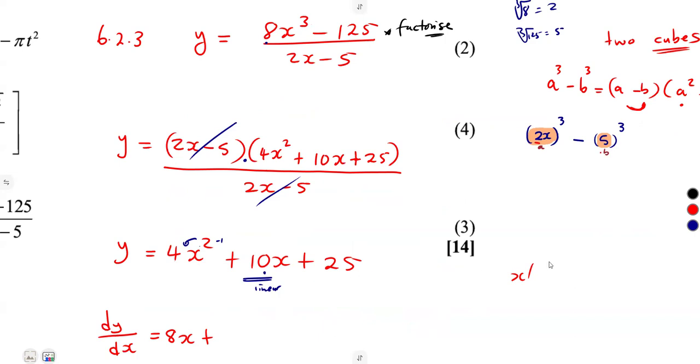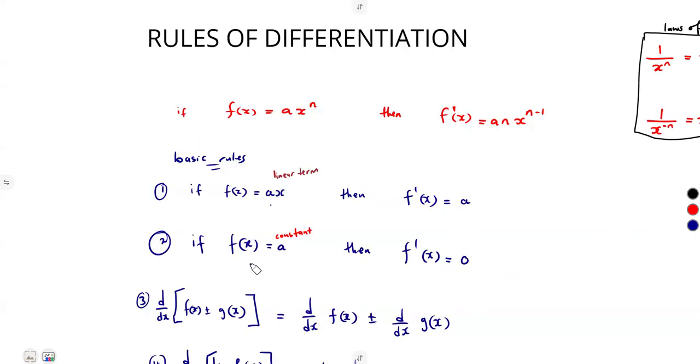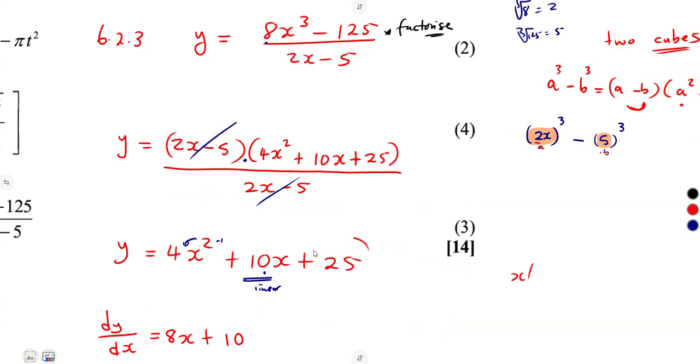So we're just going to take the coefficient of x, which is 10. The derivative of ax, a linear, gives us the coefficient of x. Then 25 is a constant. The derivative of a constant gives us a 0 with respect to x. So our answer is simply 8x plus 10. The derivative of a constant, remember, is zero. So that's it.